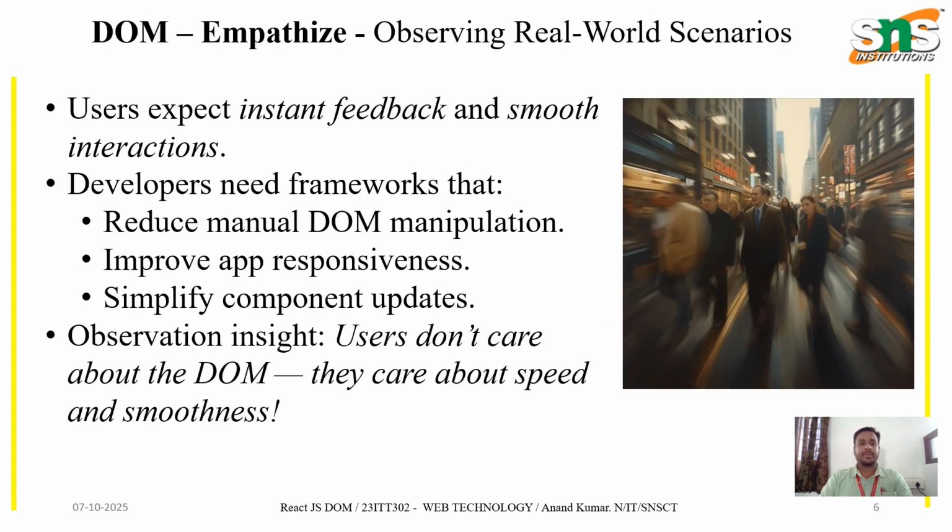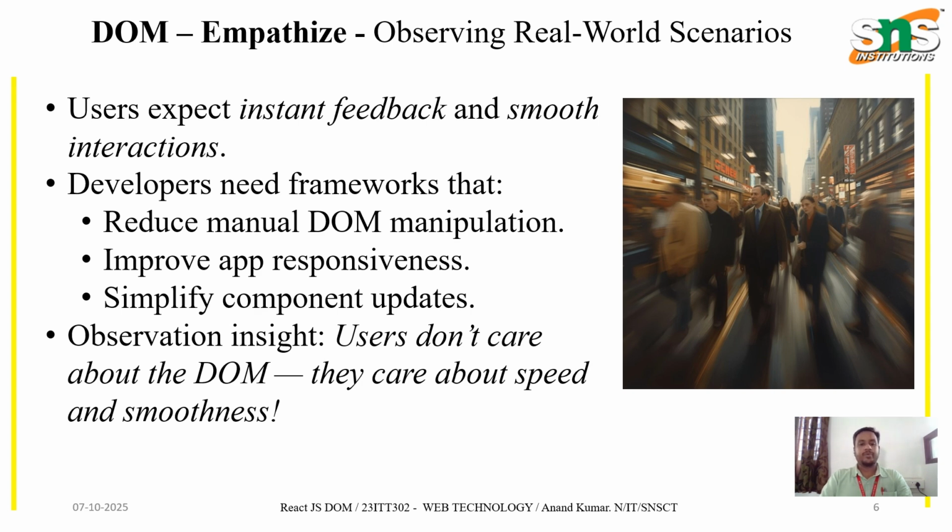Regarding the empathize phase, we start with observing real-world scenarios. The users expect instant feedback and smooth interactions, so developers need frameworks that reduce manual DOM manipulation. I mean to say, each thing should be implemented in different ways and invoked at different stages.